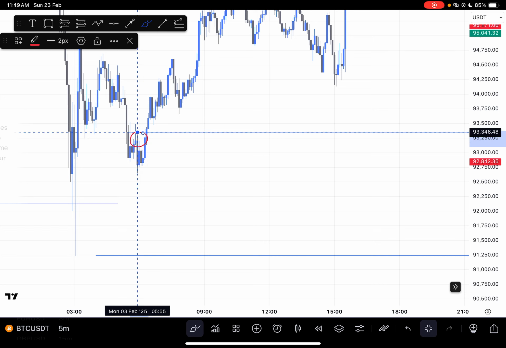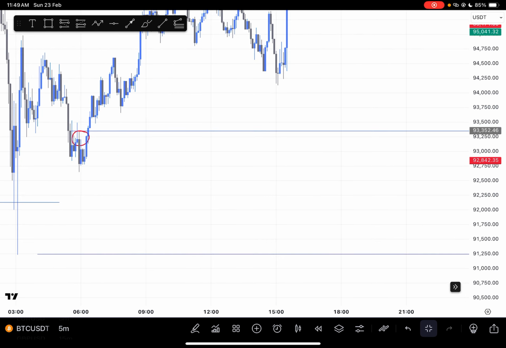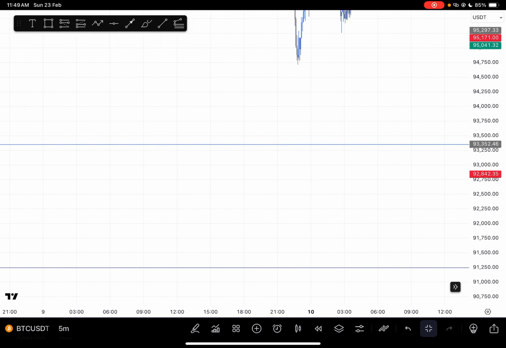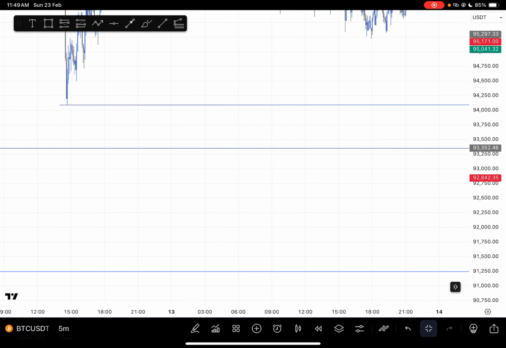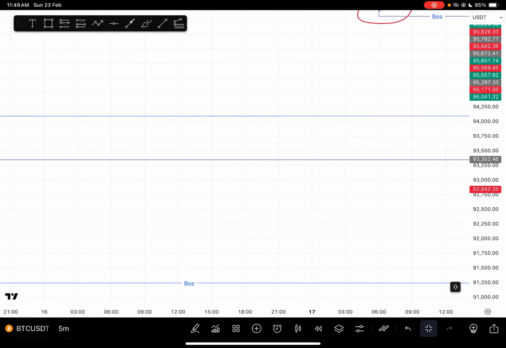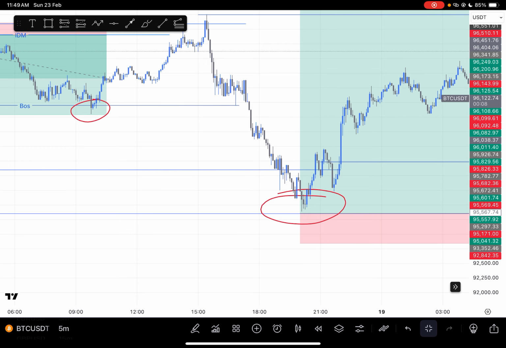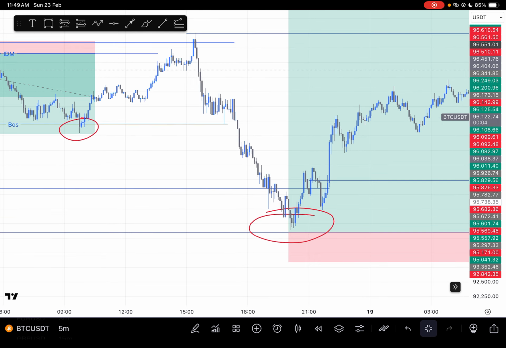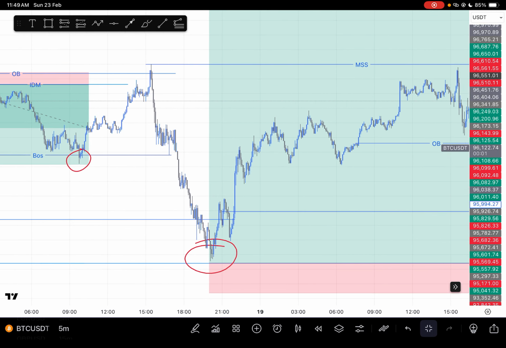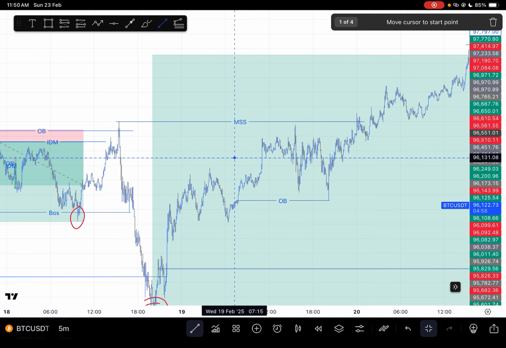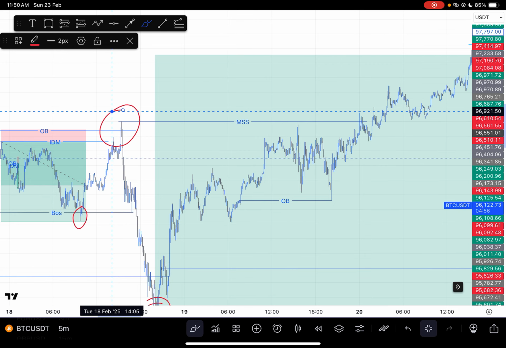If you trace it back now to this point, see price just tapped, but I took the trade like a manual entry. After price tapped, it pushed to the upside and took out this buy side liquidity.